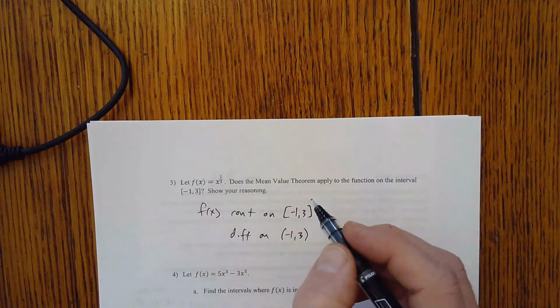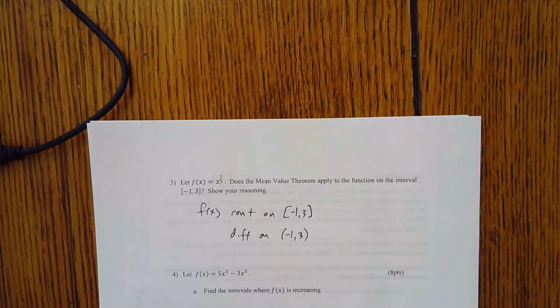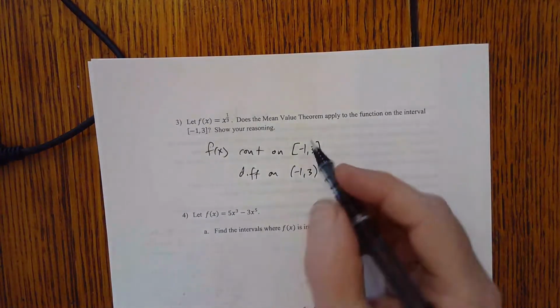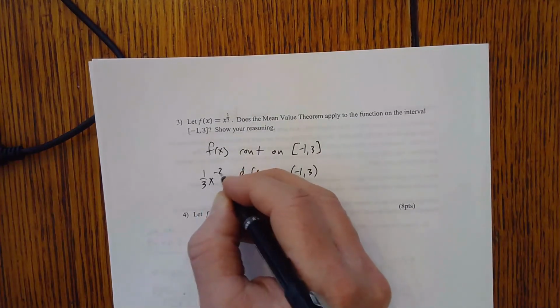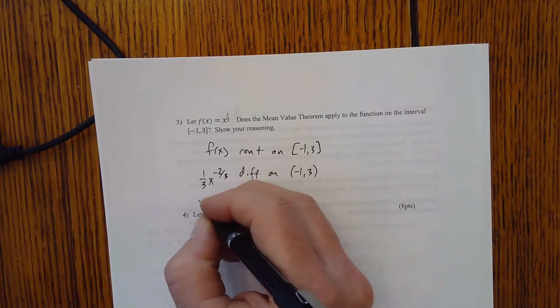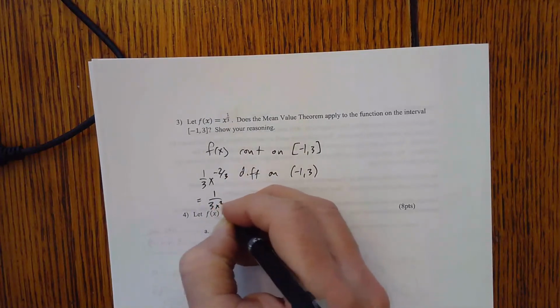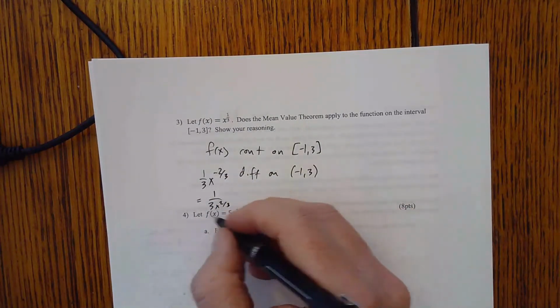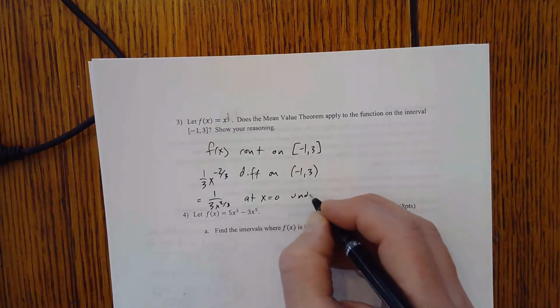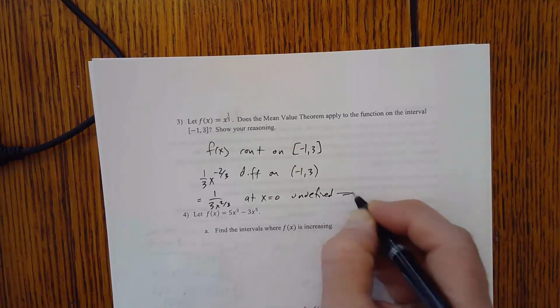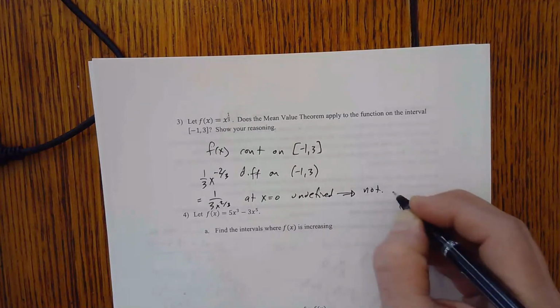The cube root, you can take the cube root of any one of those values and you still get a value. Let's look at its derivative, 1/3 x to the -2/3, which is 1/3 x to the 2/3 in the denominator, and we see that has got a problem at 0. At x equals 0, that's undefined. That implies it is not differentiable.